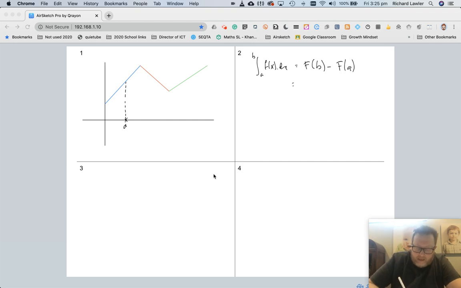Okay, so if I take the negative outside of that, that would be F of a minus F of b. You can pause the video and have a look at that for yourself if you like, but that is true, what I've written. And that would be equal to the negative integral from A to B of f of x dx. So hopefully that makes sense to you.